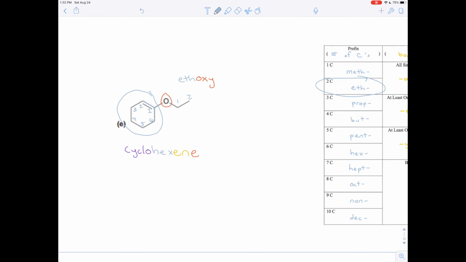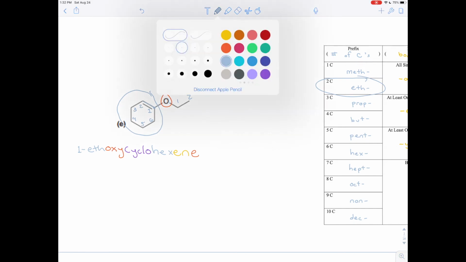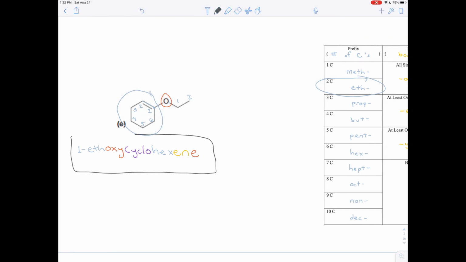And so this is going to be 1-ethoxycyclohexene. Now, you don't have to say 1-cyclohexene, because it's the highest priority functional group there, it's assumed to be at number 1, but it is going to be 1-ethoxy. So 1-ethoxycyclohexene, beautiful name. That is this molecule here.